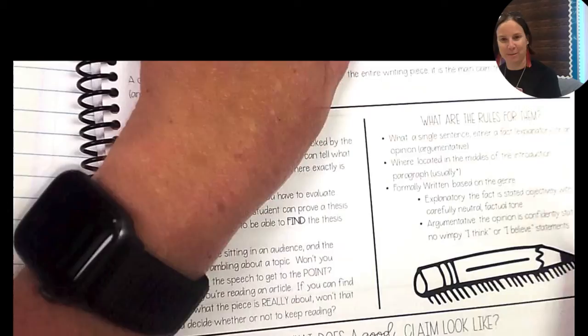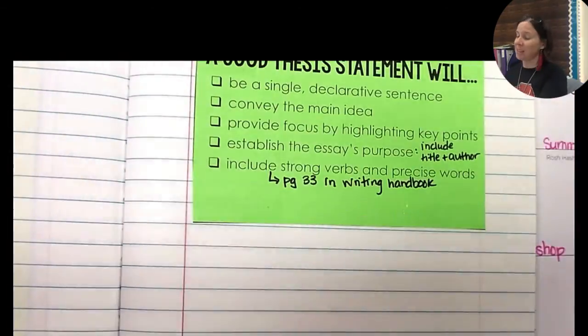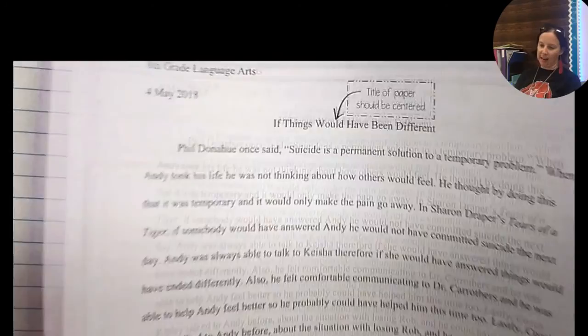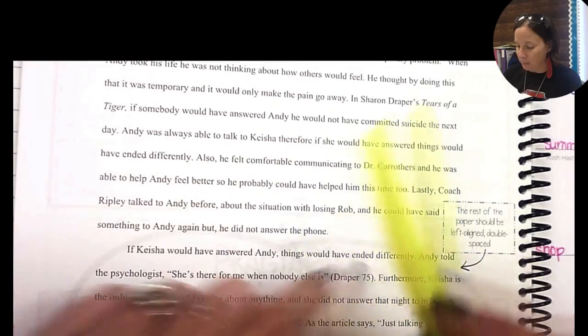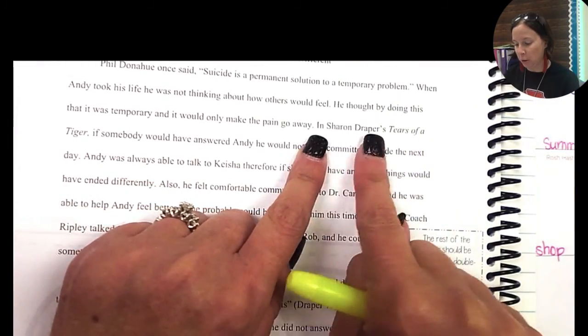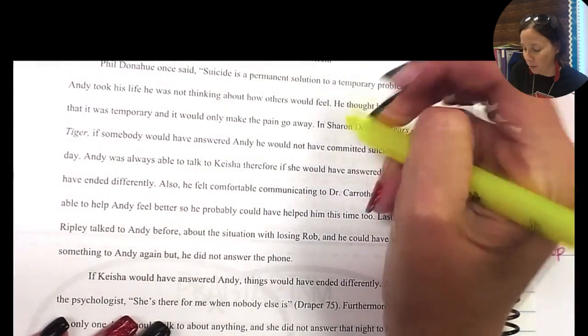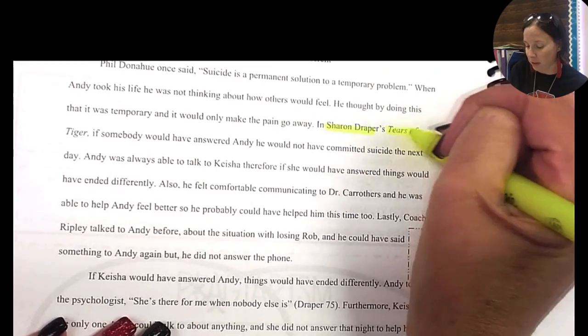Okay, last page I want you guys to look at is an example essay on page 57. So here's the example essay that I have. Right here is our thesis statement: in Sharon Draper's Tears of a Tiger. That's another thing I want. I want you to make sure you have the author and the title.